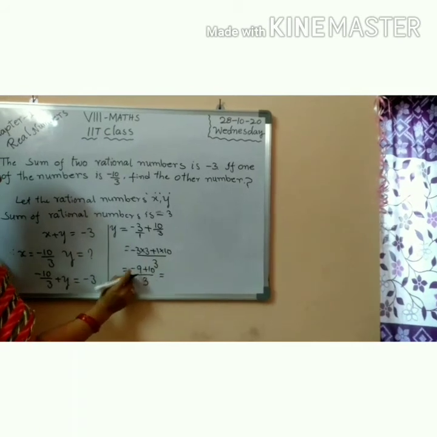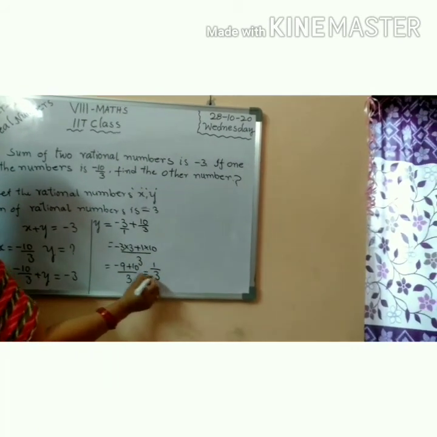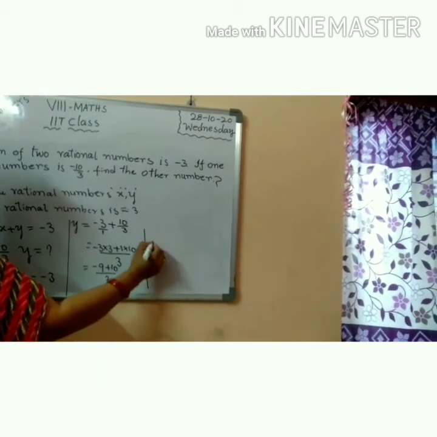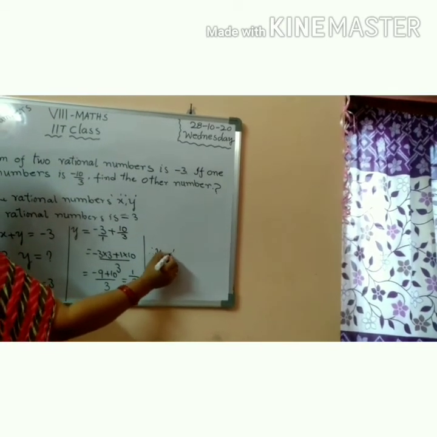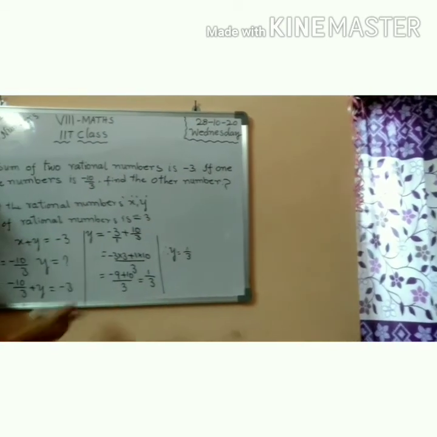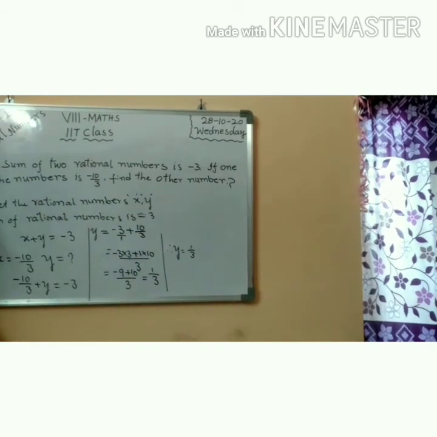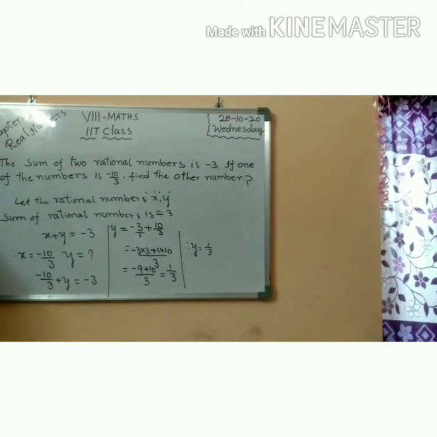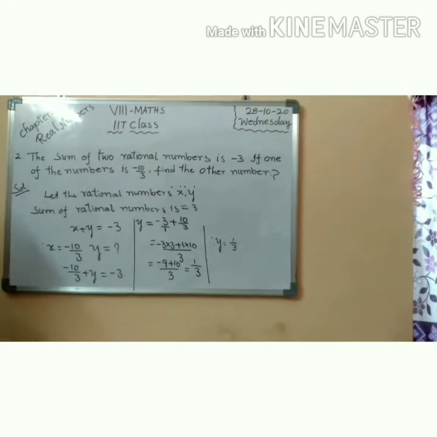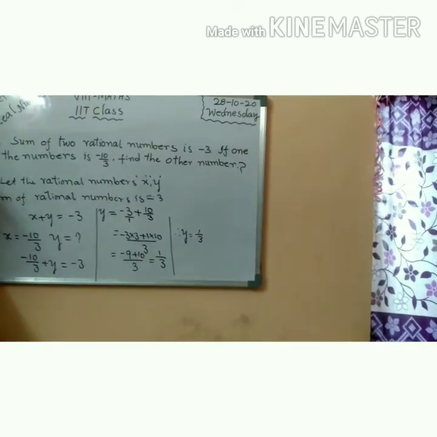So here 10 minus 9 is 1 by 3. Therefore y equal to 1 by 3. The other number is y equal to 1 by 3. Did you understand, children? Okay, the other number is 1 by 3.